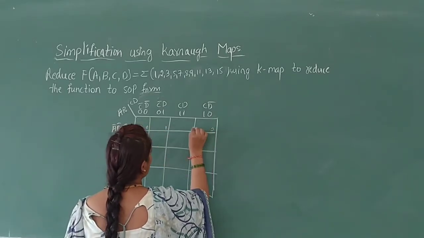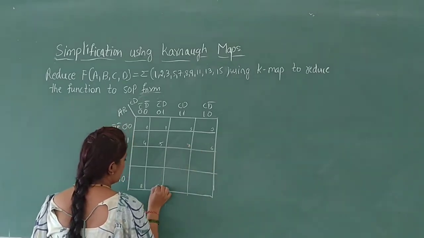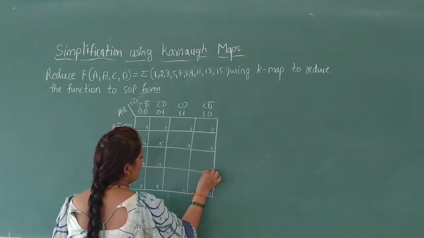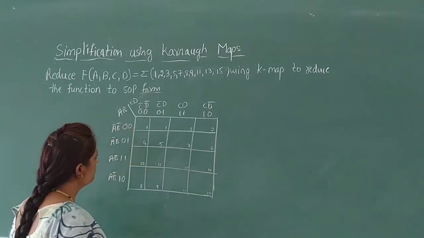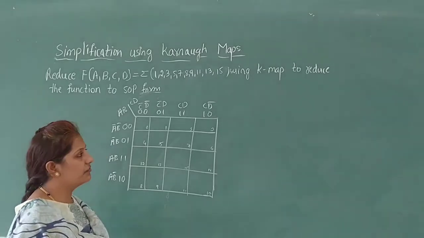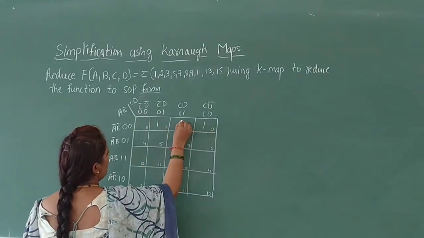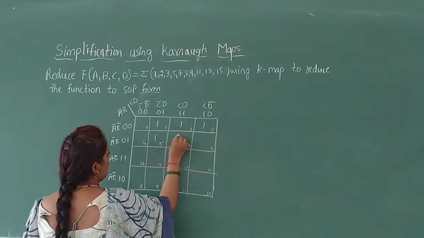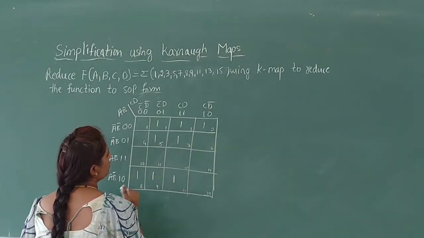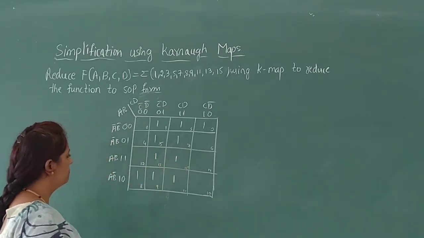Designation value 0, 1, 2, 3, 4, 5, 6, 7, 8, 9, 10, 11, 12, 13, 14, 15. And write the output value for the given designation value: 1, 1, 2, 1, 3, 1, 5, 1, 7, 1, 8, 1, 9, 1, 11, 1, 13, 1, 15, 1.